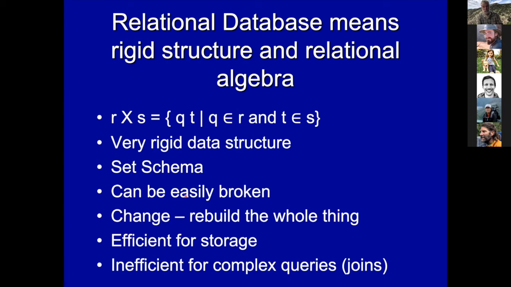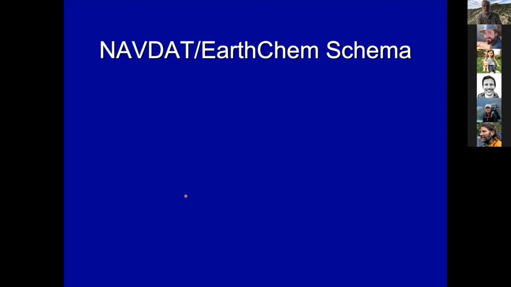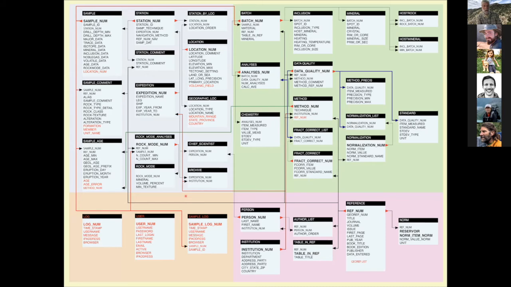It's really efficient for storage, but it becomes inefficient for finding data at some point, especially when you look at a schema for a complicated database like NavDat or EarthChem that looks like this, that has, I don't even remember how many tables there are in here, but there are a lot, but it's a highly normalized data system.